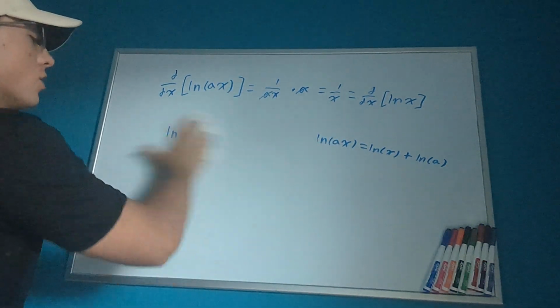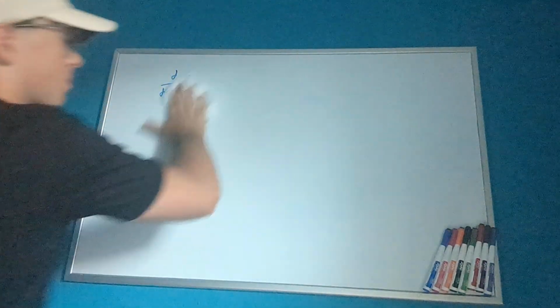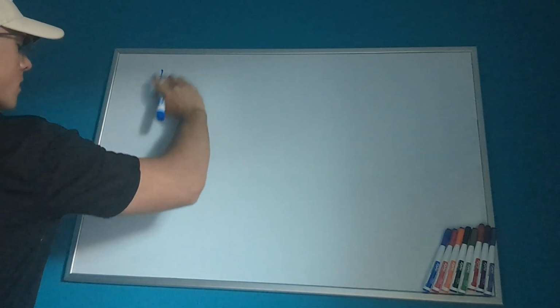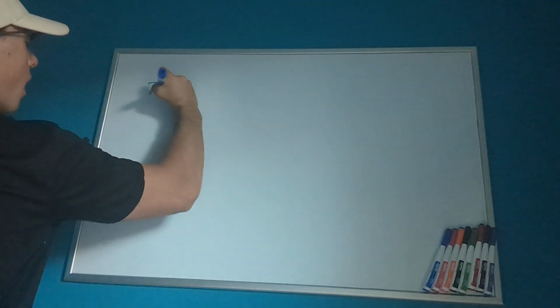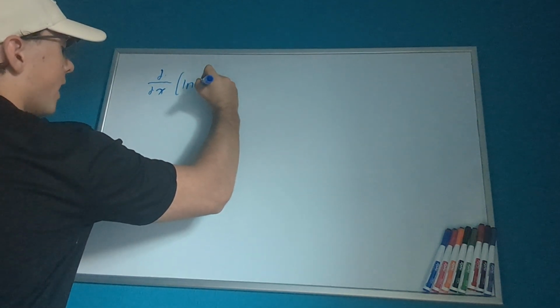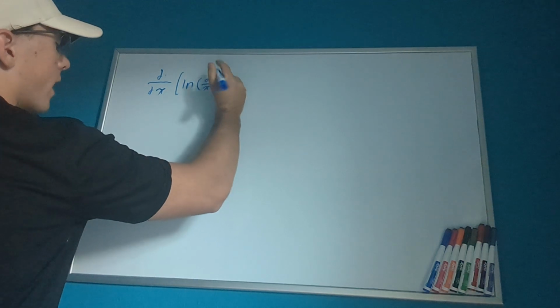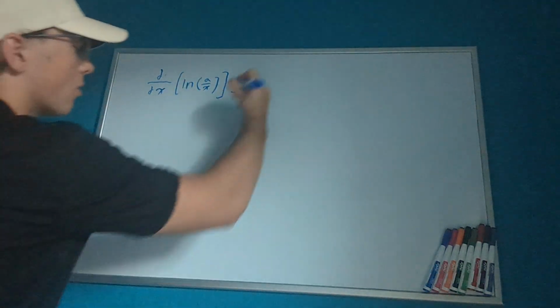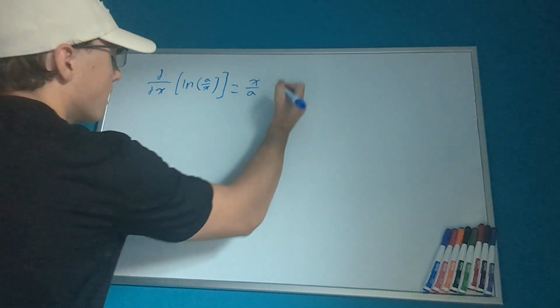And last one, we're going to prove the quotient rule. We start off with taking the derivative of the natural log of a over x. So this equals, we start with taking the reciprocal, and we get x over a.